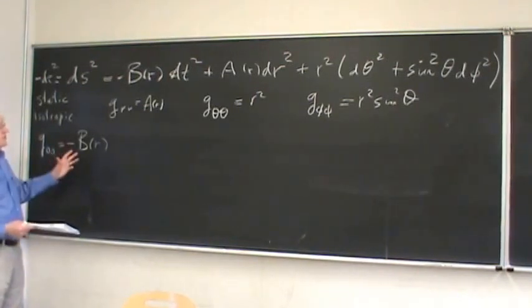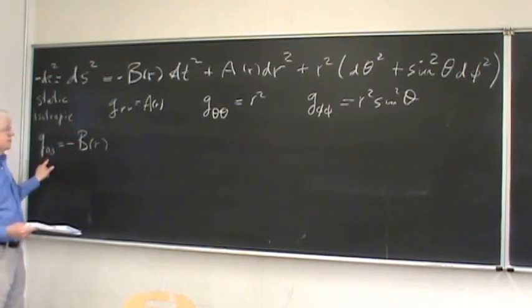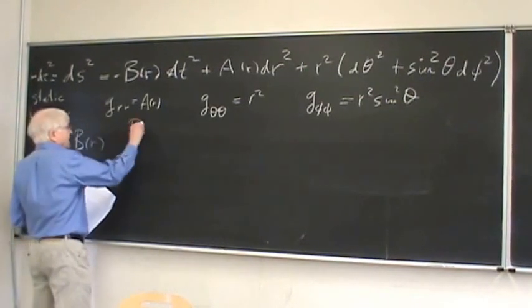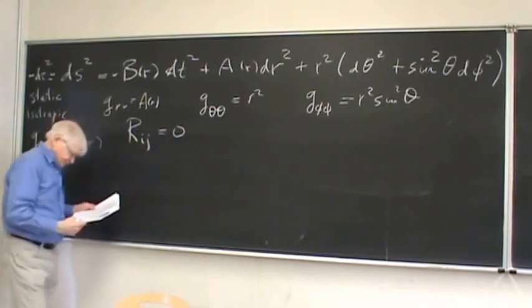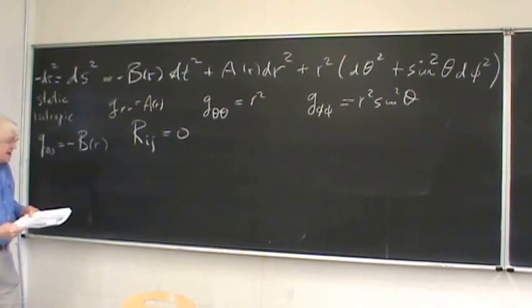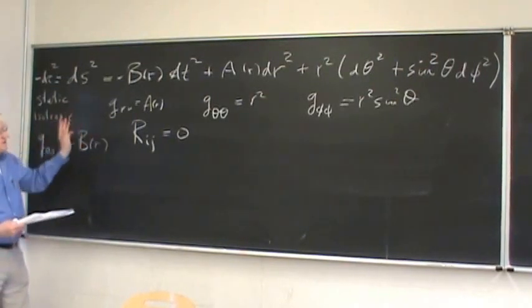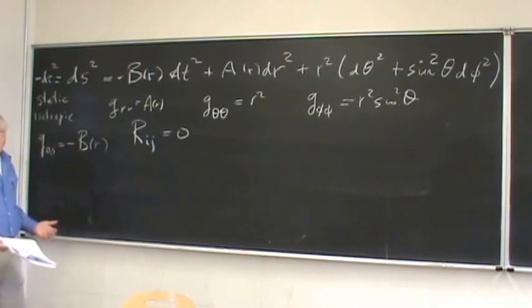What we could do would be to compute R_ij, and then just set R_ij equal to 0. In other words, we'd be neglecting dark energy and solving this in empty space, say around a point mass.